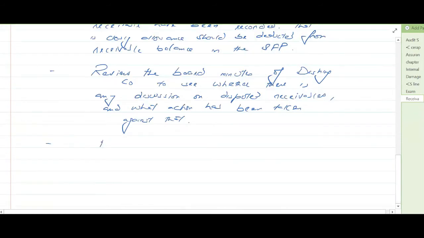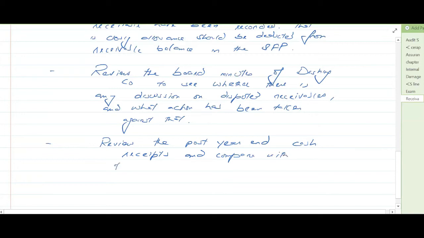So what you're going to do, review the post year end cash receipts and compare with the year end receivable balance.